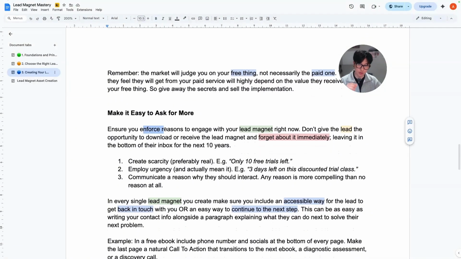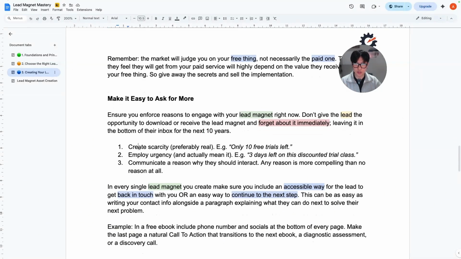Also, you want to make it easy to ask for more. You want to ensure that you enforce the reason to engage with your lead magnet right now. So another reminder to have urgency there. And you don't give the lead the opportunity to download or receive the lead magnet and just forget about it immediately, to just leave it in the inbox for the next 10 years. Have urgency. So you can do urgency and actually mean it.